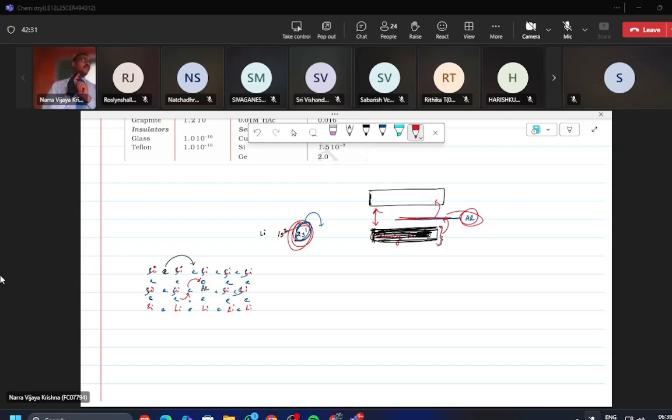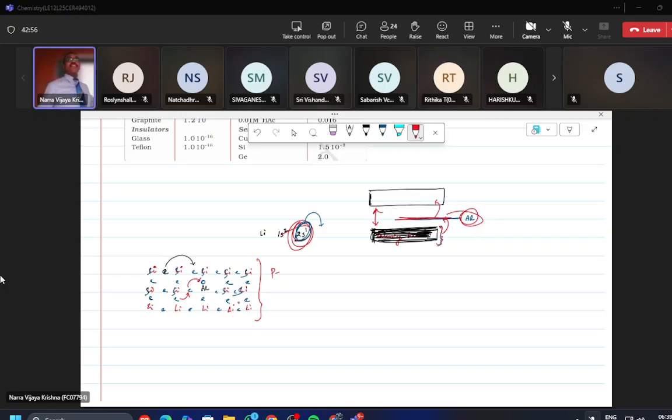So there is movement of a hole, or empty position. Movement of empty position, or movement of positive. Can I say it as positive? Electron is deficient, so we can call it positive. So we call that a P-type semiconductor, positive type semiconductor. Why do I call it a semiconductor?